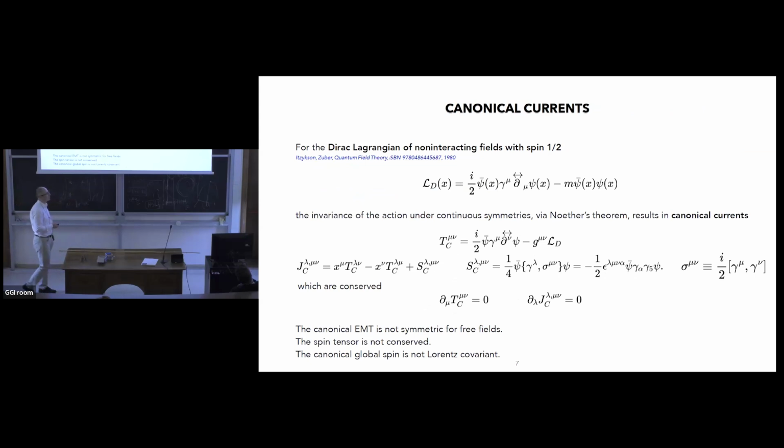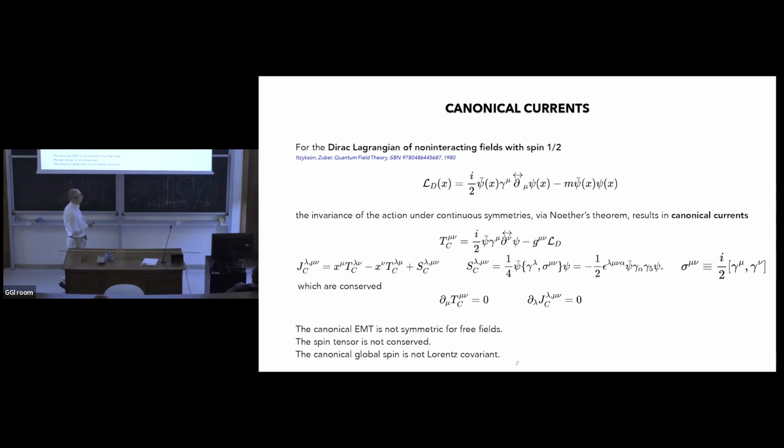Now, these currents may be constructed in different ways. The point is that from the Dirac Lagrangian of non-interacting fields with spin 1/2, let's say that this is the first approximation, and we start with the simplest possible system, you can write down your Lagrangian density.